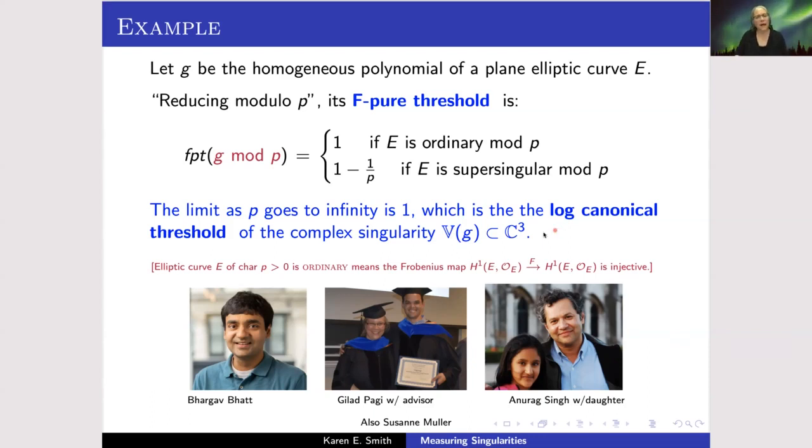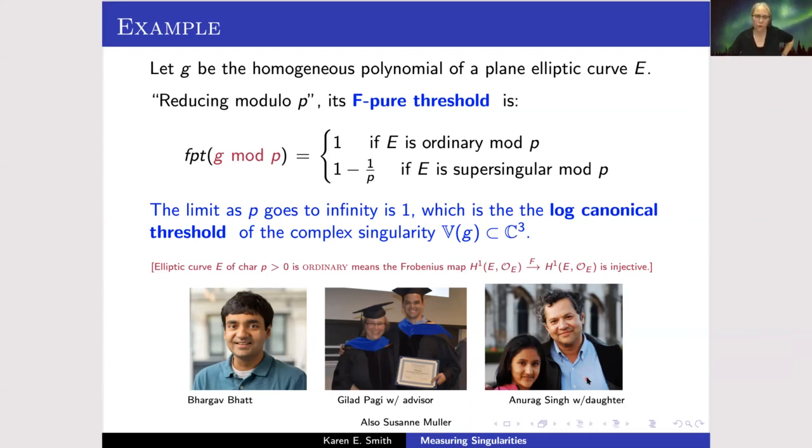So here on this slide, I have some people. Bhargav Bhatt was the first person who observed this fact. He's my colleague at Michigan. But then Gilad Pagi was a PhD student of mine who gave a much simpler, more straightforward proof of this fact. And then Anurag Singh and Bhargav together wrote a paper later, based on Bhargav's observation, that holds more generally.